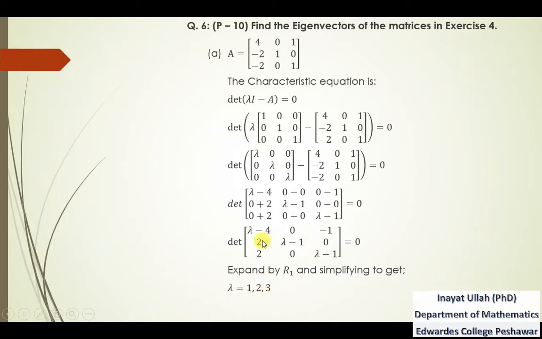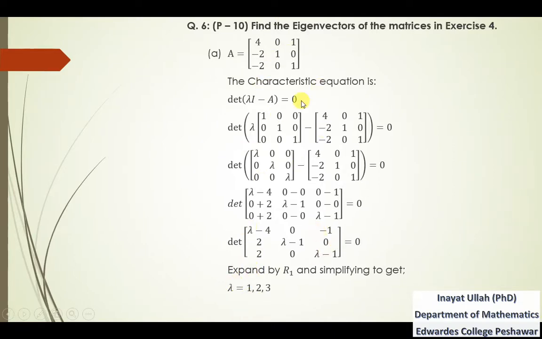We see that whenever a matrix is 2 by 2, we get 2 eigenvalues, and whenever a matrix is 3 by 3, we are going to obtain 3 eigenvalues. That is not necessary, maybe 2 of them are repeated, for example 1, 1 and 3. Anyway, obviously there are 3 values of lambda.